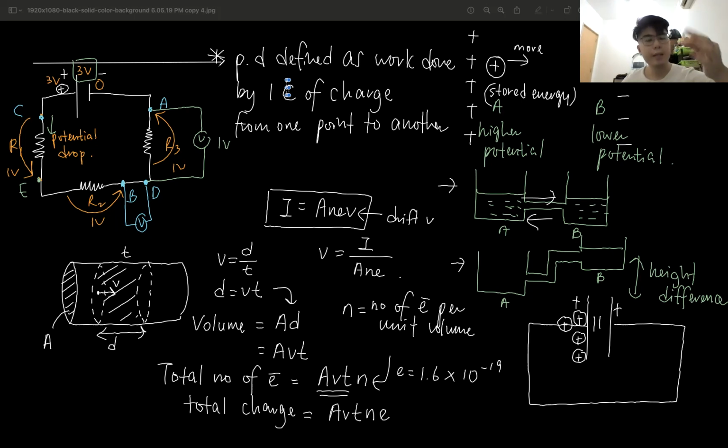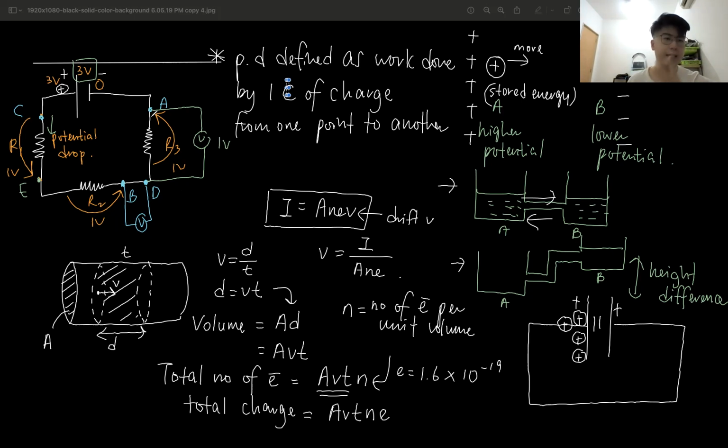Potential difference between 2 points is defined as the work done by 1 coulomb of charge. We take 1 coulomb of charge from one point to another point, any 2 points in the electric field, in the wire, in the circuit.